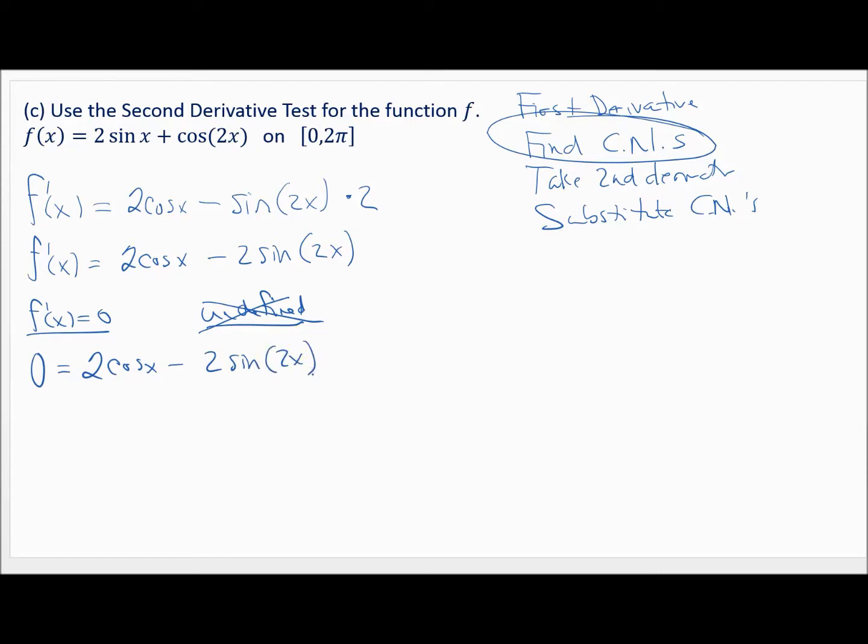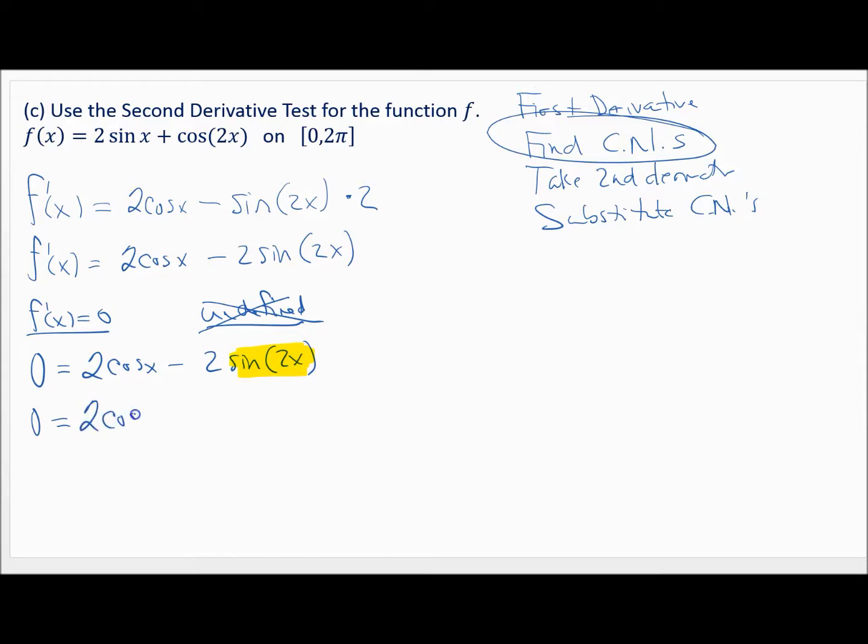Now, you may remember from your trig class that to solve a trig equation, we really need these insides to match. So we have a double angle for sine of 2x. I know you might not know it right off the top of your head. It's 2 sine of x cosine of x. So I'm going to replace sine of 2x with the double angle formula, which is 2 sine of x cosine of x.